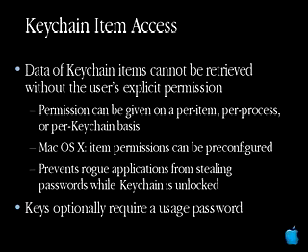Now, again, data of the items can't be retrieved without some sort of explicit permission that the user has granted. This permission can be given on a per item basis, a per process basis, or an entire keychain. You can say, always allow everything in this keychain to be accessed without bothering me. Again, in OS 9, we had a problem identifying processes. It would be nice to say, okay, always let my web browser or my mail client access the password in the keychain.